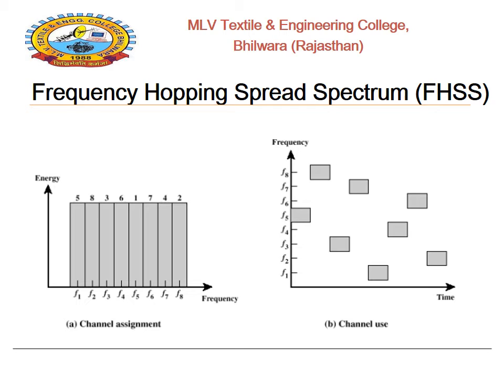Next, T3 is related to F3 and T4 is related to F7. Next, F1, F4, F6 and F2. So ultimately the 8 time slots are related to different frequencies from F1 to F8. That represents that the frequency changes rapidly and continuously according to time.